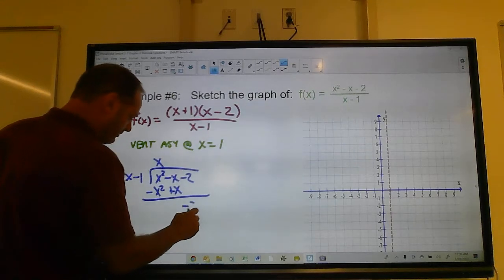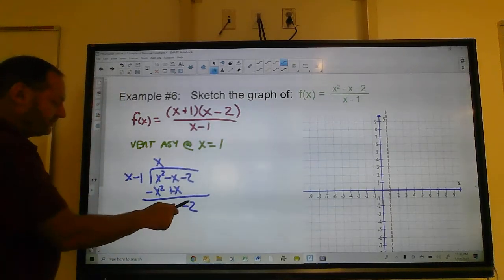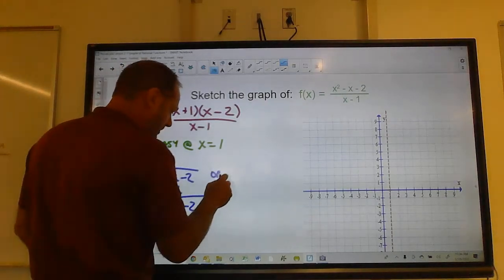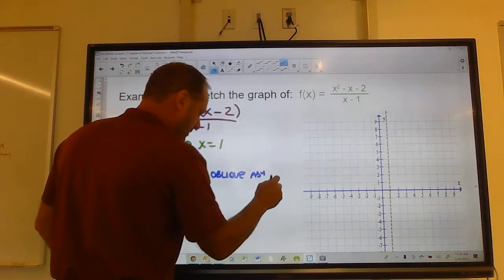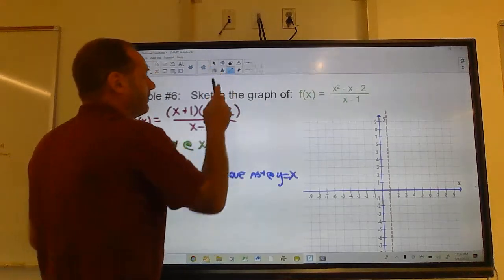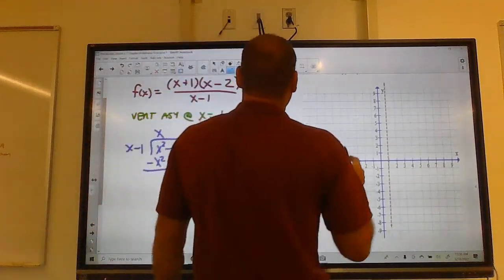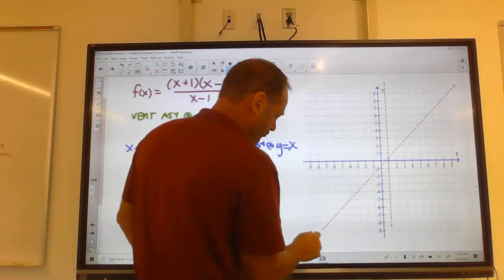I'm left with negative 2. That's going to be my remainder. I don't care about the remainders. So this is going to have an oblique asymptote at y equals x. All right, so y equals x is going to go from here down to here.